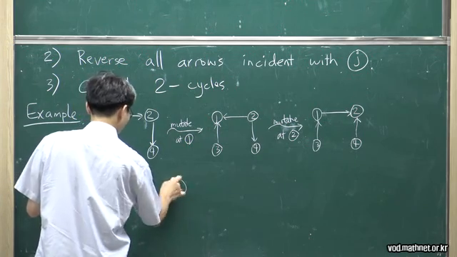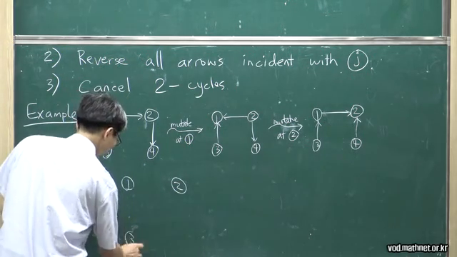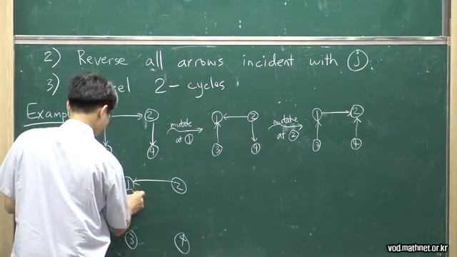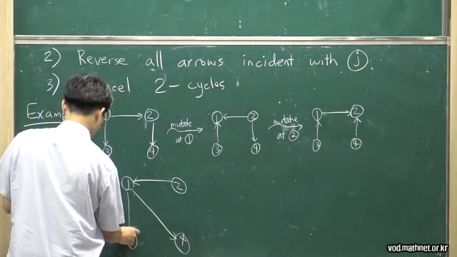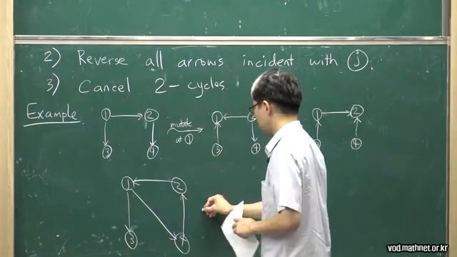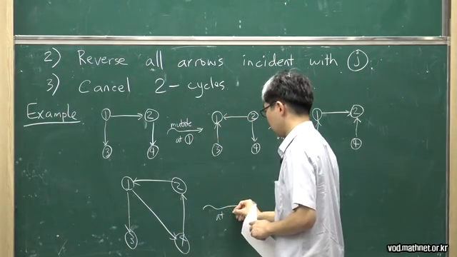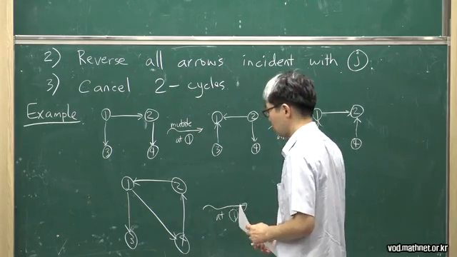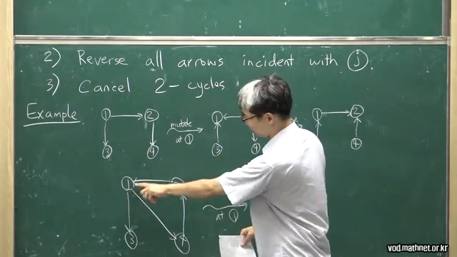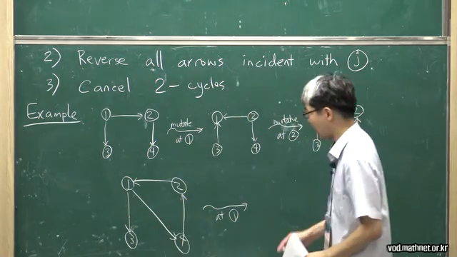And actually, a more interesting example would be the following. Mutating at 1 seems to be most interesting because it contains 2 paths passing through 1.